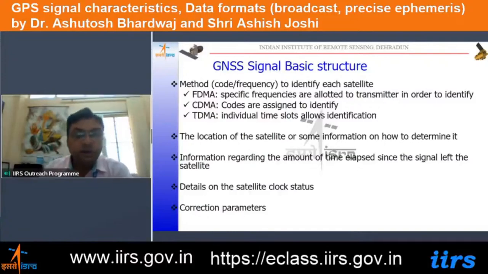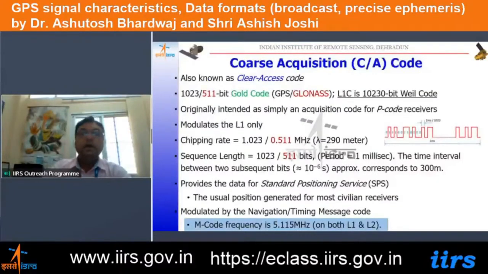Then it also includes the clock status and the correction parameters for different purposes, like the tropospheric corrections and ionospheric corrections. Those kinds of arrangements are also there in the signal. The clear access or coarse acquisition code, which is also known as the Gold code, is a small code, 1023 bits long.